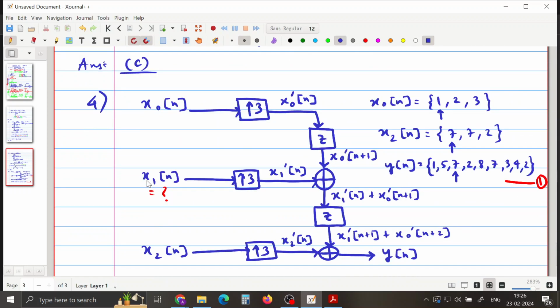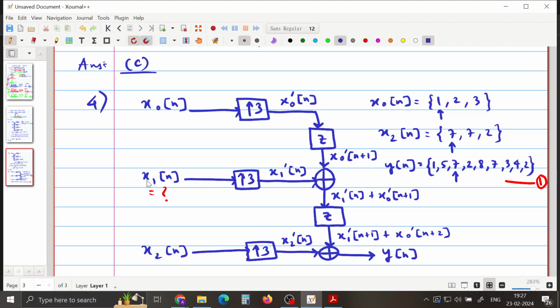We'll assume it to be some sequence with sample values a, b, c. Since we have already used the x and y notation, it's better to use other literals, like a, b, c, or alpha, beta, gamma.